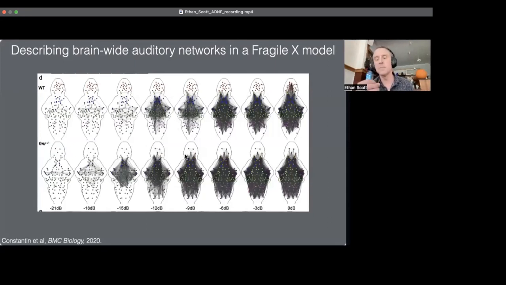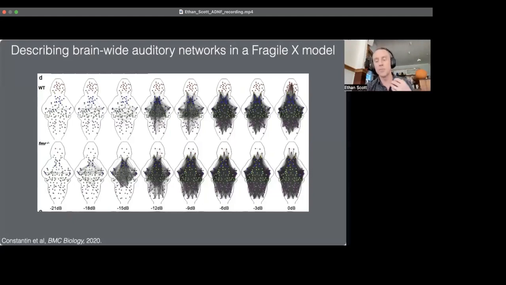The nodes that are connected are in many cases the same nodes, but those correlations are higher at lower amplitudes, at quieter volumes. So this speaks to a network that's overall livelier, overall more sensitive, and in ethologically important ranges, probably a little bit overactive.